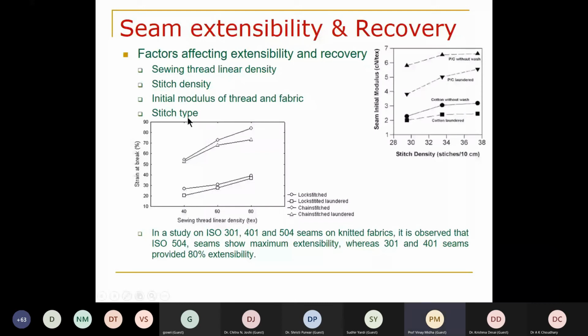Then the strain at break: here we can see, as the sewing thread linear density is increasing, the strain is also increasing. Extensibility is also increasing as the tex is increasing. And in a study on ISO 301, 401, 504 seams on knitted fabric, it is observed that 504 seams have maximum extensibility, whereas 301 and 401 have only 80% of extensibility.